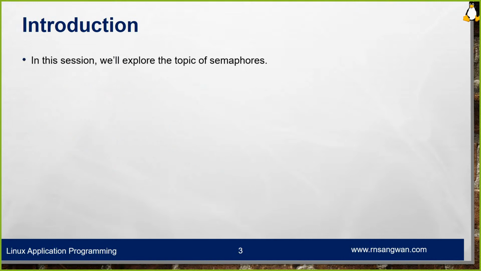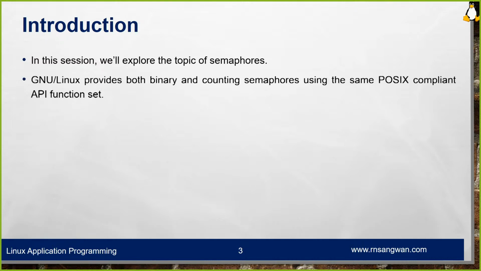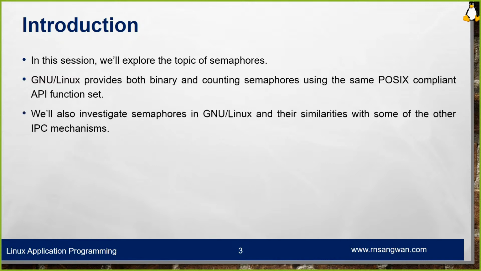In this session, we'll explore the topic of semaphores. GNU/Linux provides both binary and counting semaphores using the same POSIX compliant API function set. You will find similarity now from the previous topic also.